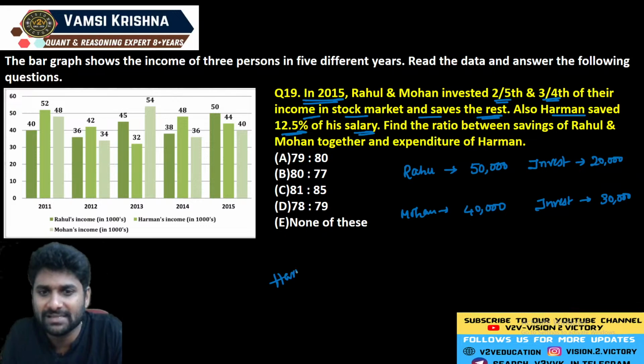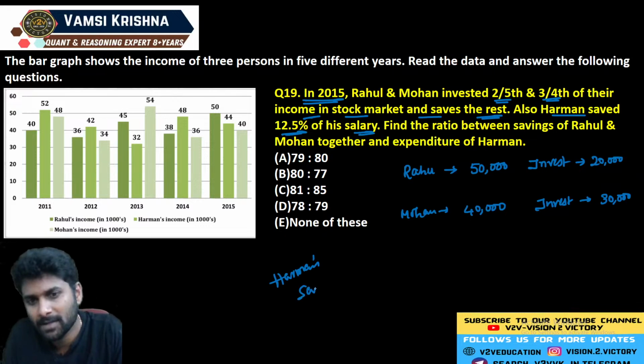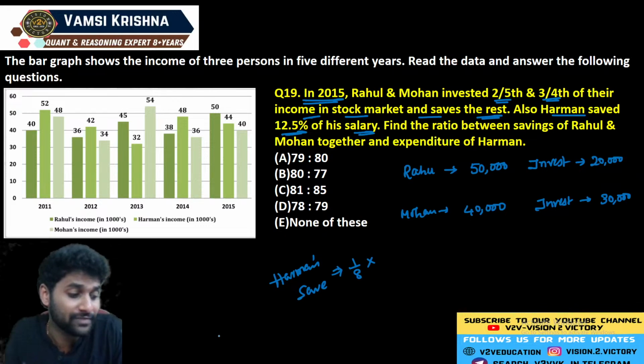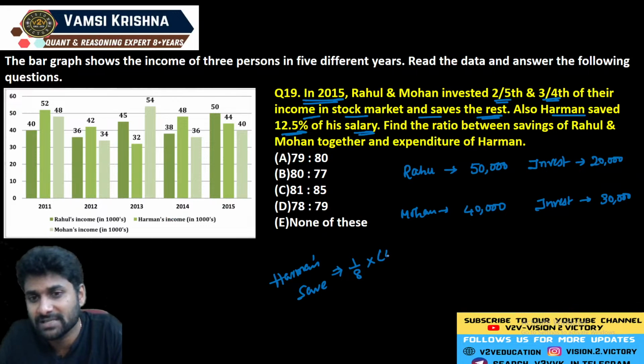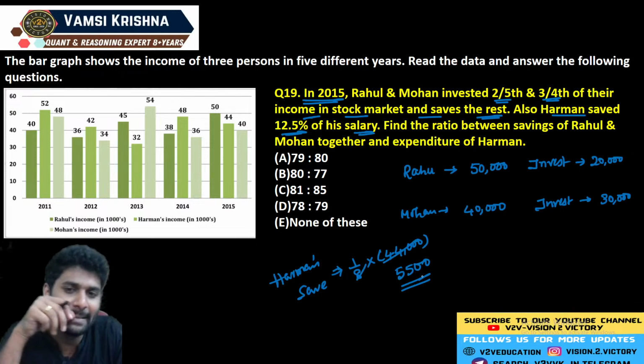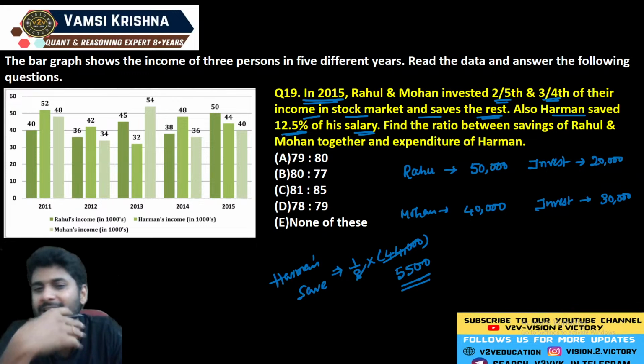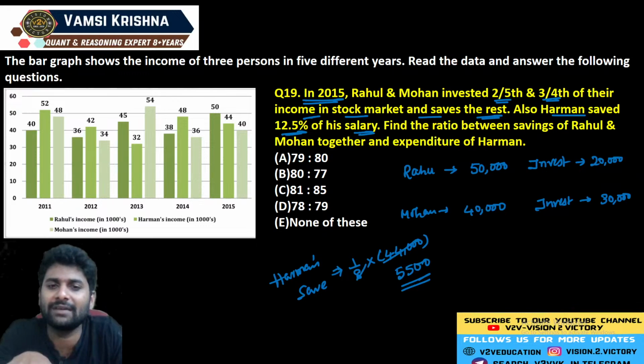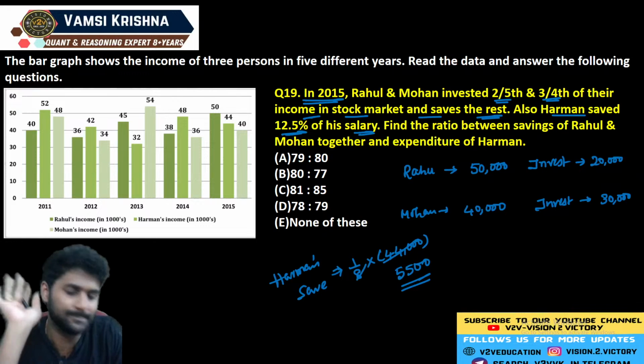You already know that 12.5 percent means 1 by 8th of that value. Harman's value is exactly equal to 44,000. Now go through the calculation here. It's 5,500 rupees in savings. Guys, be faster in the calculation and you should learn how you are converting percentage into fractions.